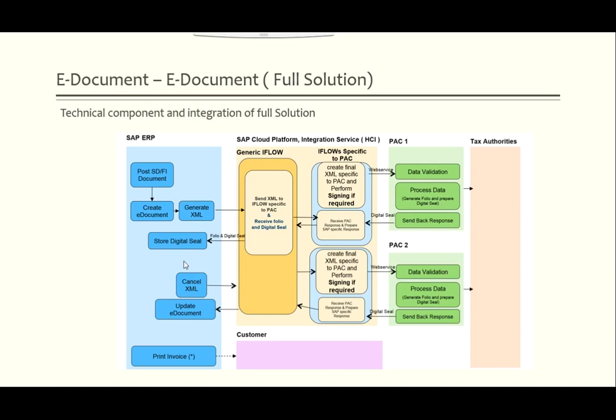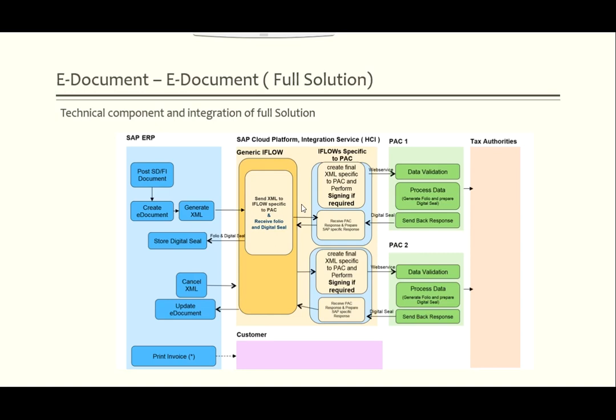Those XML files will go to SAP Cloud Platform, where we will apply the digital signature. Once that is processed in SAP Cloud Platform, the XML data will be transmitted to PAC. From the PAC, it will go to the tax authority.